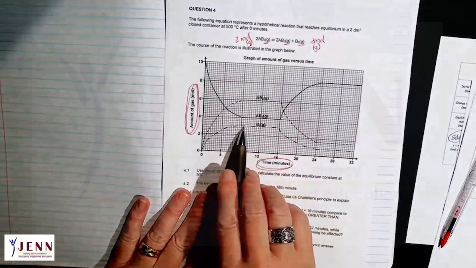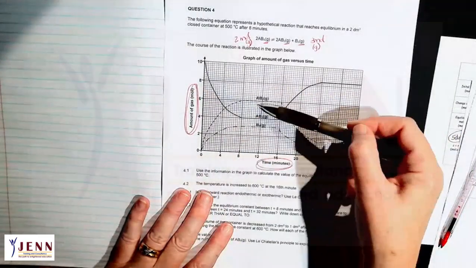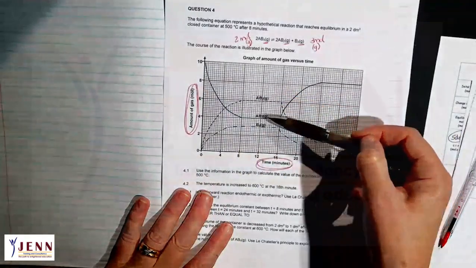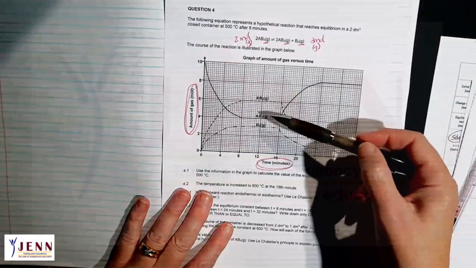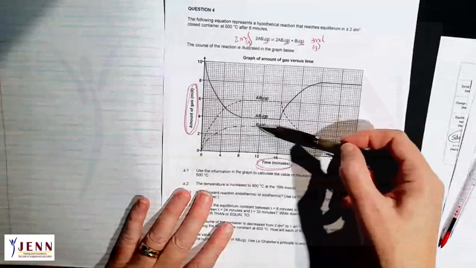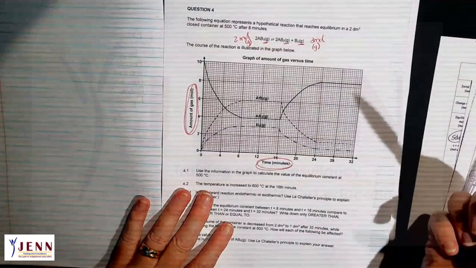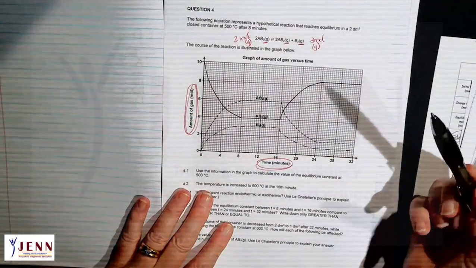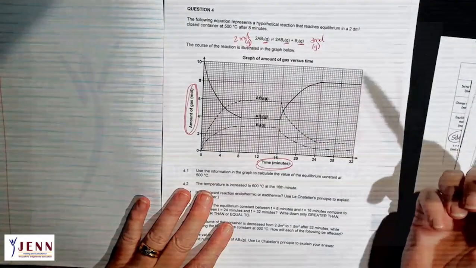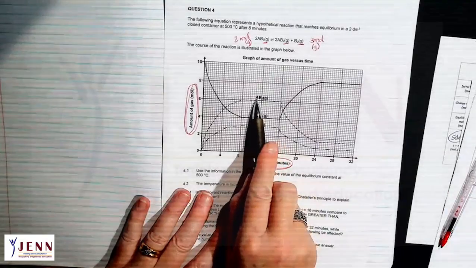I can write in there at the top, that one was 10 moles, and then I have 4 moles at equilibrium. But I just need the values there at equilibrium, because for Kc I need the equilibrium moles and the concentration. So I can just read it from there.